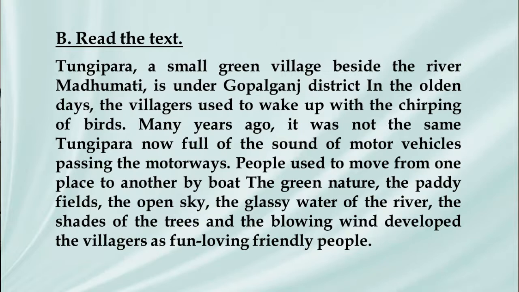People used to move from one place to another by boat. The green nature, the paddy fields, the open sky, the grassy water of the river, the shades of the trees, and the blowing winds developed the villagers as fun-loving, friendly people.